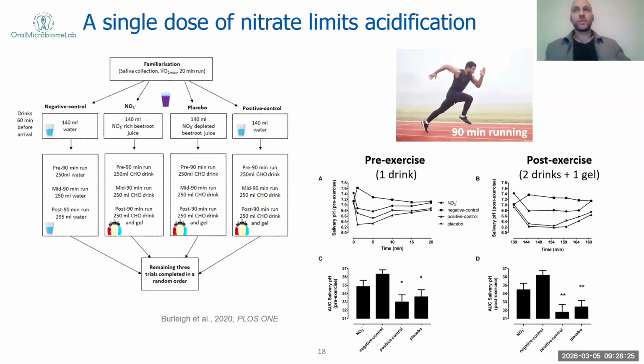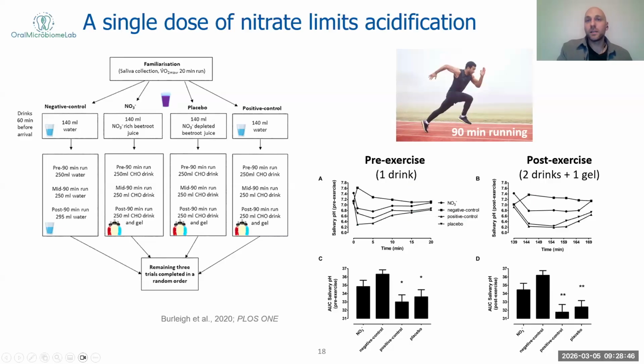And these are the results. So these are the pH levels in the different groups. Here's the pre-exercise pH, where the pH drop resulted from one sugar-containing drink. And here is the post-exercise pH, where the pH drop resulted from 2 drinks and 1 gel in total containing sugar.